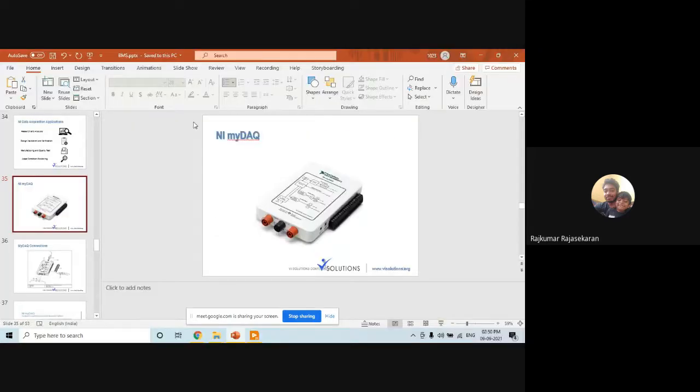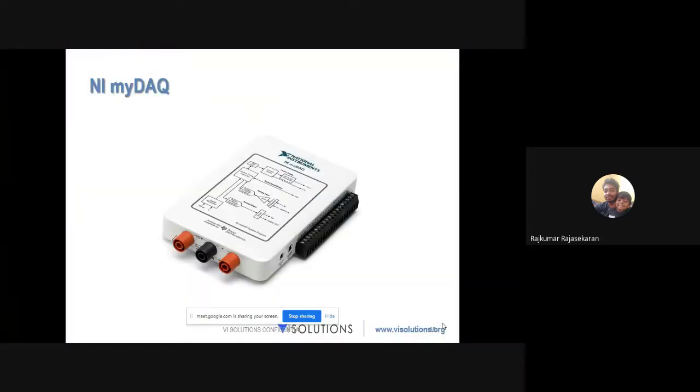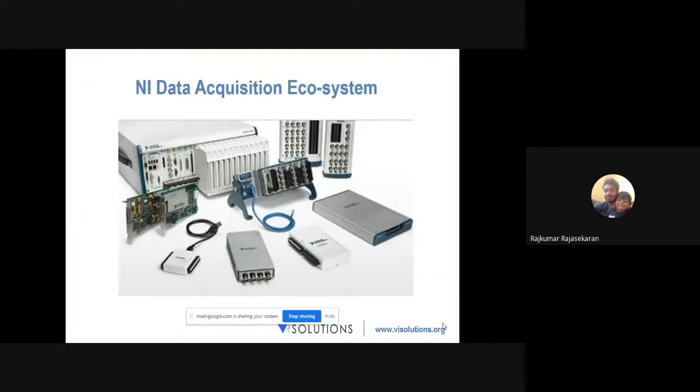As I already told you, we don't have access to PXI, obviously, because most of the time it will be a very bulky object, and it will have all the capabilities, but we don't have access to it.